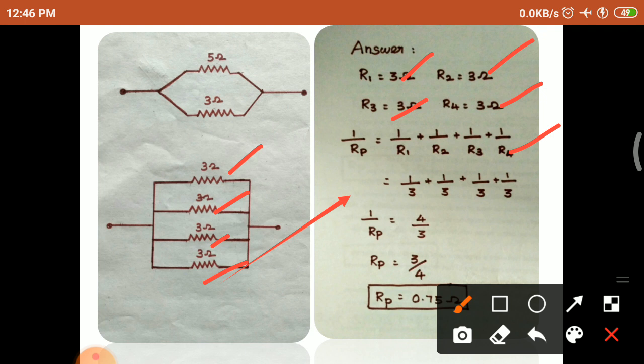Then substitute the values of R1, R2, R3 and R4 and add. 1 by Rp is equal to 4 by 3, so Rp is equal to 3 by 4. When I divide 3 by 4, I got 0.75 ohm. So the equivalent resistance for this circuit is 0.75 ohm.